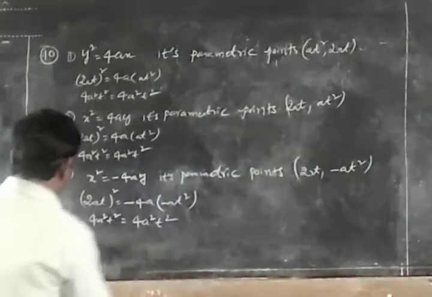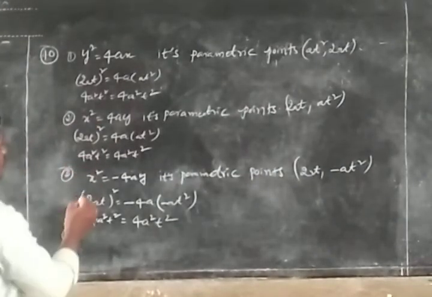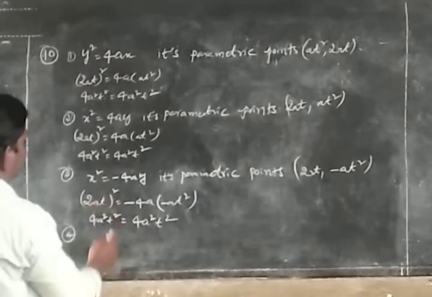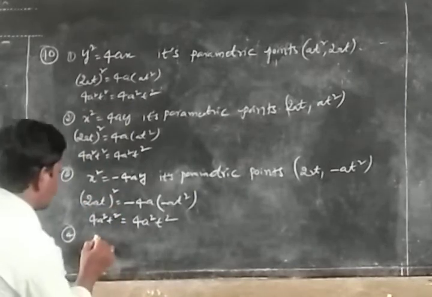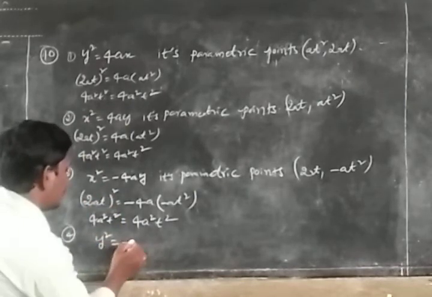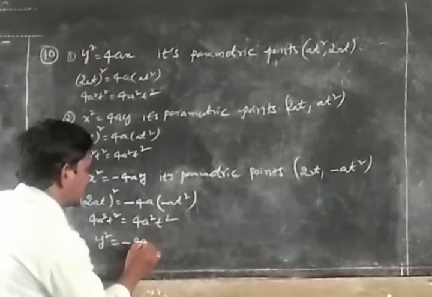And last one, fourth one. What is the fourth one? Y square is equal to minus 4ax.